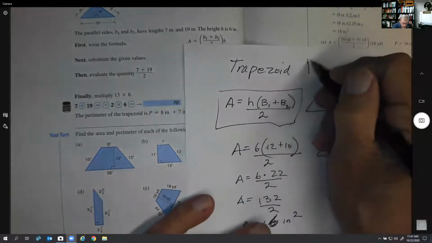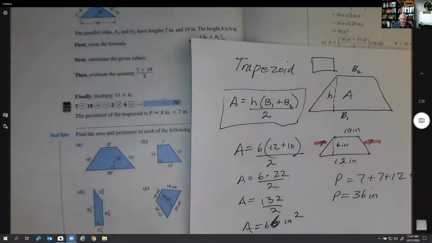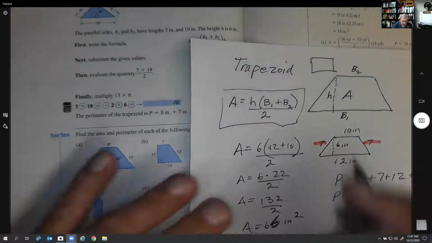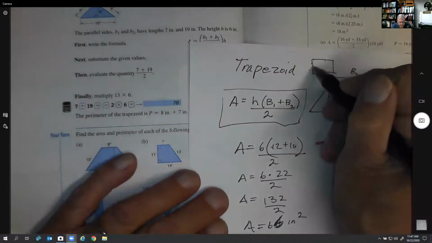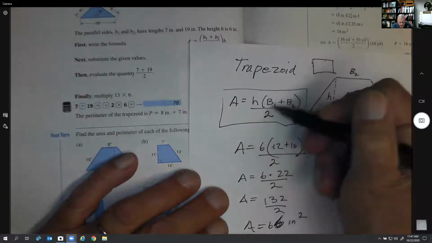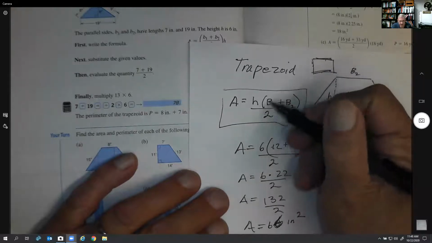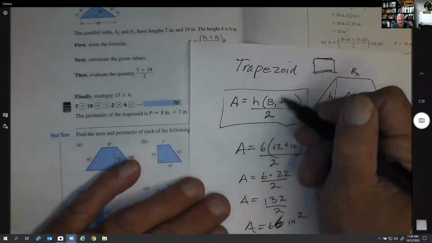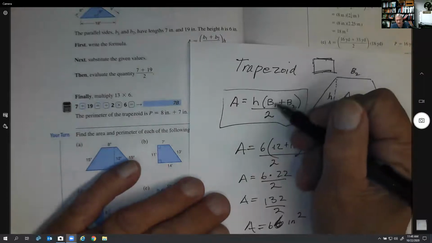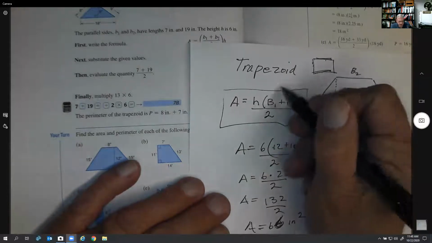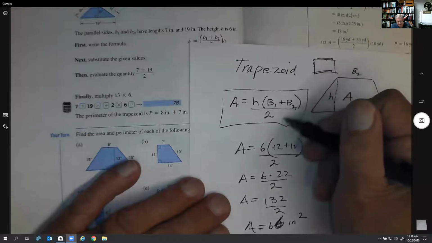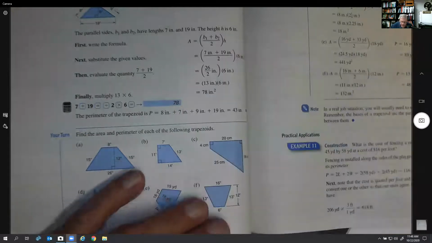You wouldn't probably want to use it for a rectangle, but it has a base 1 and a base 2. It has a height, and then we divide it by 2. It's just that the two bases are the same. So we could use this for even a parallelogram or anything. This formula would still apply. You could actually use it, but because it is kind of long and difficult, we usually don't use it.